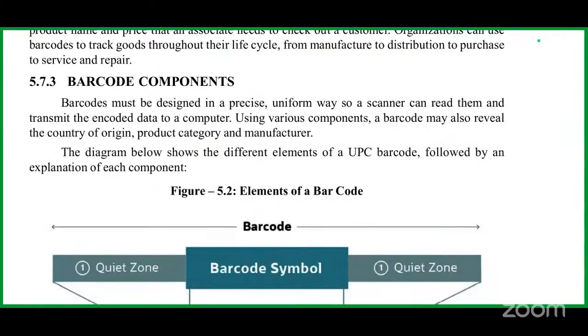It's designed in a precise, uniform way, so a scanner can read it and transmit the encoded data to a computer. Using various components, a barcode may also reveal the country of origin. For example, if it is a foreign product, it will reveal which country the product has been produced in, its product category, and also the manufacturer who has manufactured it.